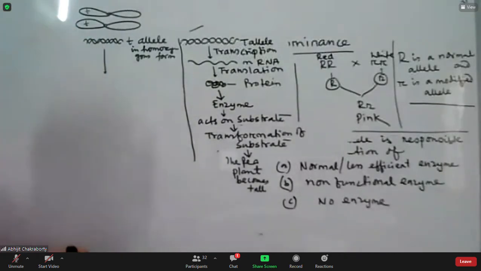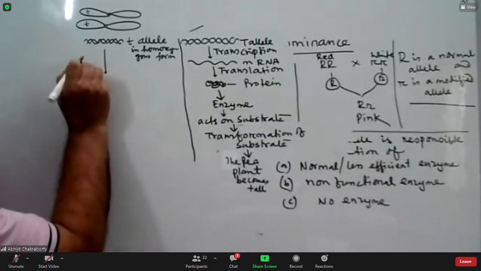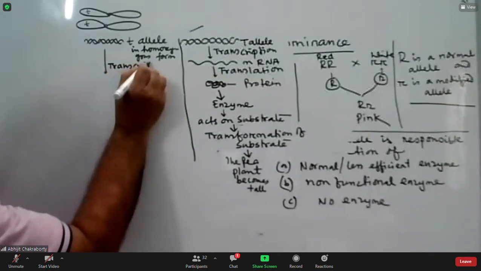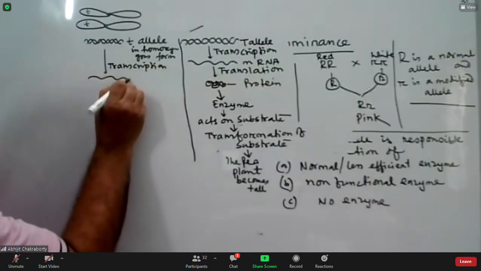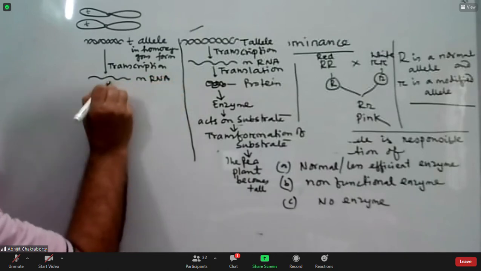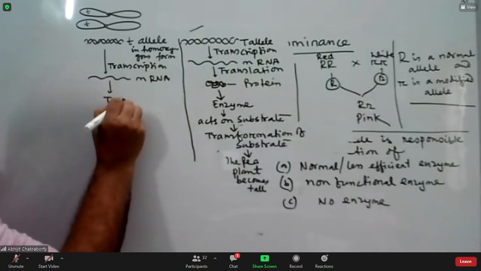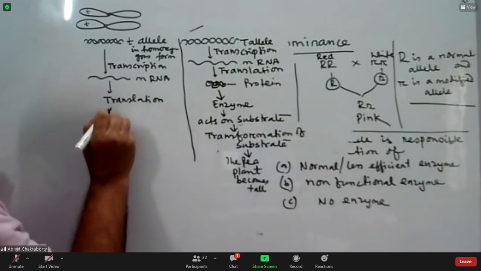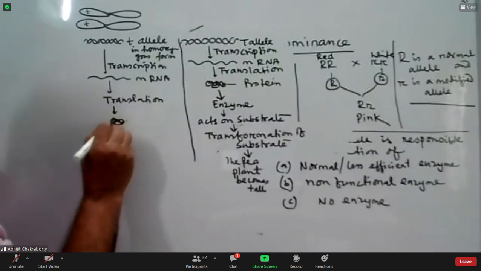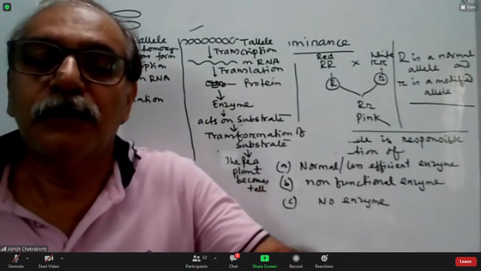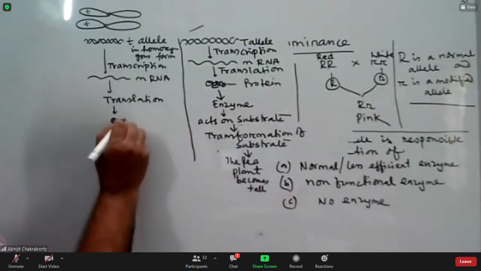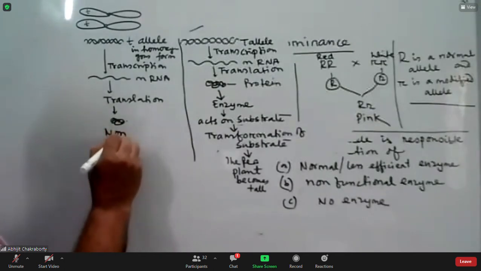Now, see here, small t allele in homozygous form, transcription, mRNA, translation. You can write that this is a non-functional enzyme.